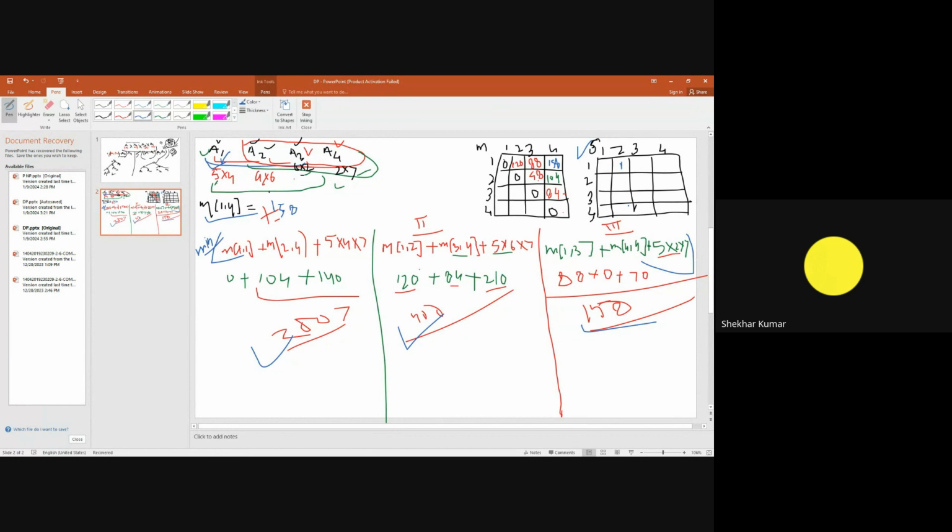So that was 1. As well as here I have calculated 1 3, that is 1 and 3. In 1 3, at which split was the cost minimum? That was A1 and A2 and A3, in which I first calculated A2 and A3, then I multiplied with A1. So that is also 1.